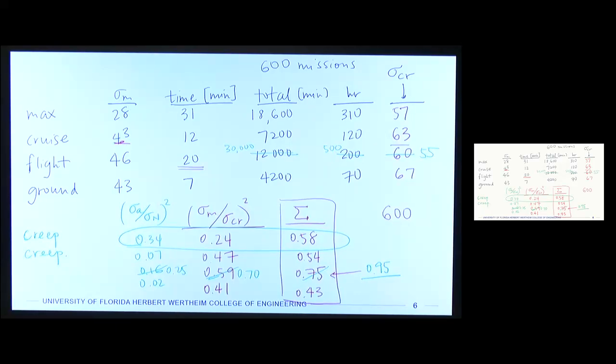If we realign the segments, reanalyze the problem, we may find that there is more of a balance between the creep and fatigue. And so I'm going to leave that as an exercise for you if you want to do it. But this is the overall answer to this example problem.